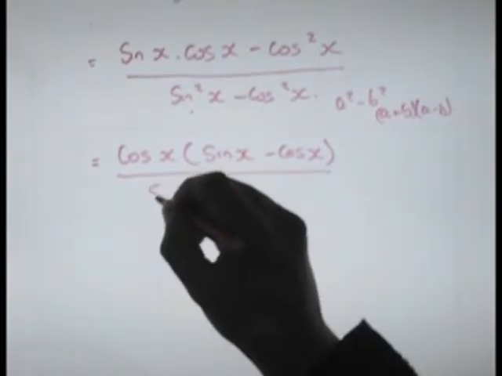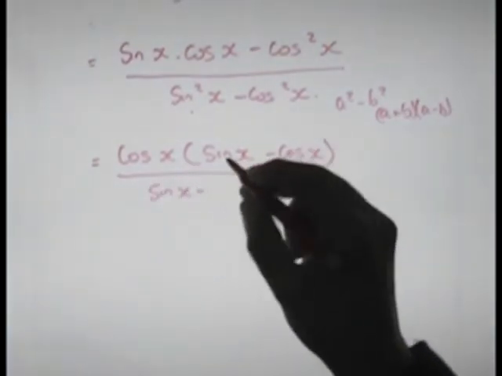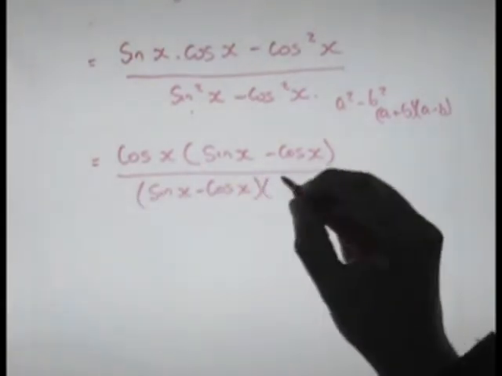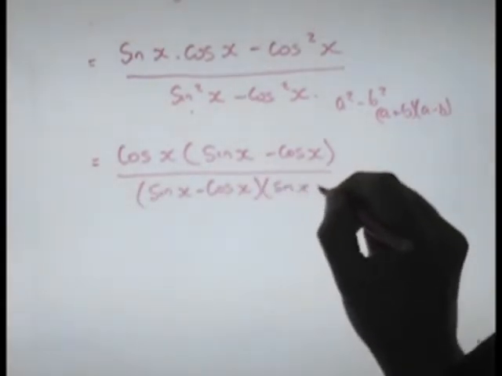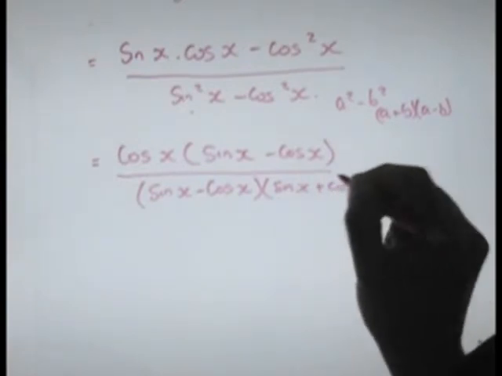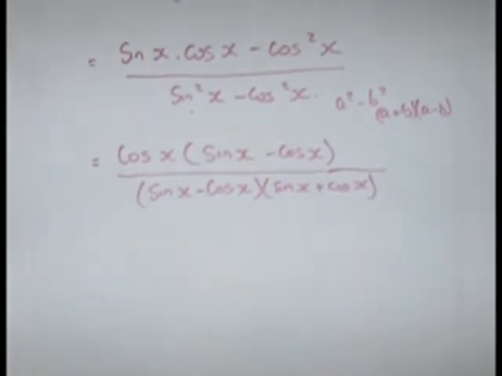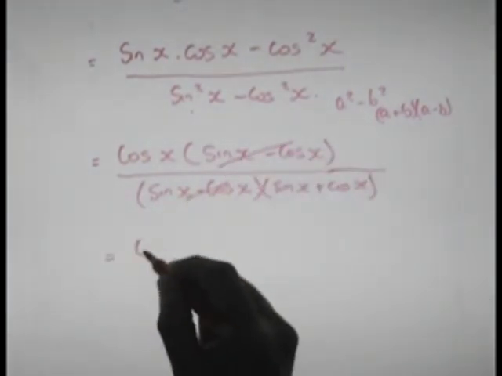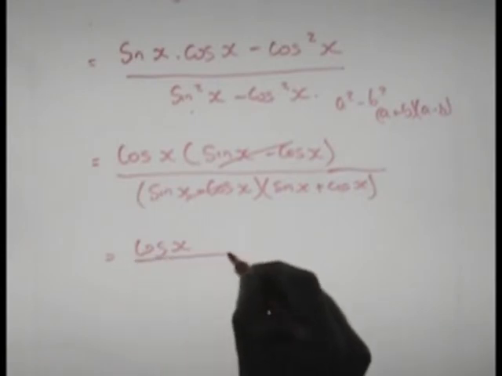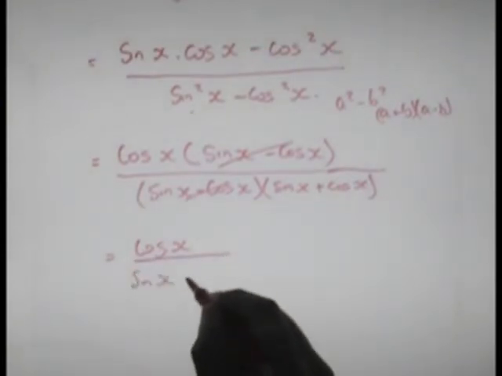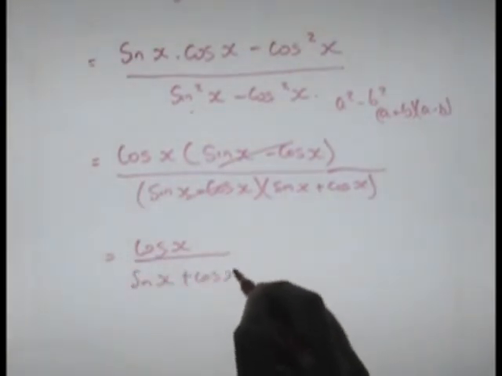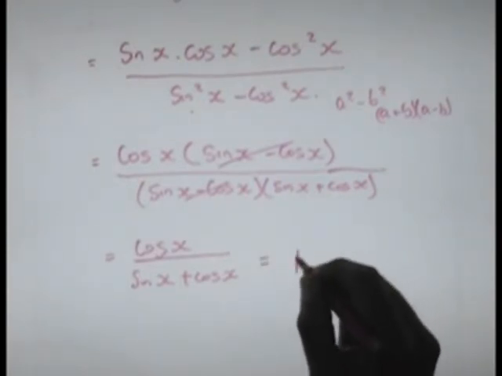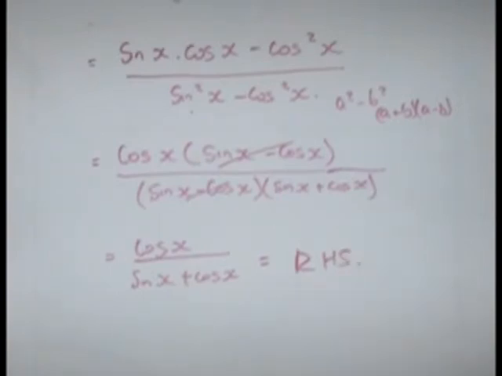So this can become sine x minus cos x multiplied by sine x plus cos x. This and this cancel to leave us with an answer of cos x over sine x plus cos x, which is equal to my right hand side.